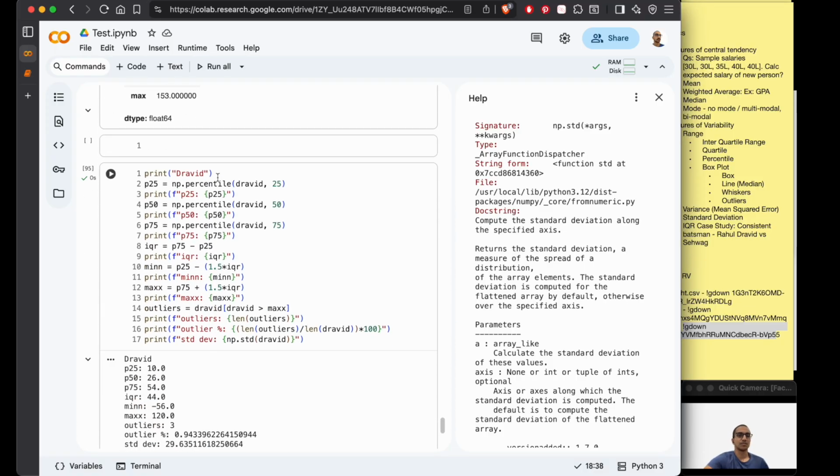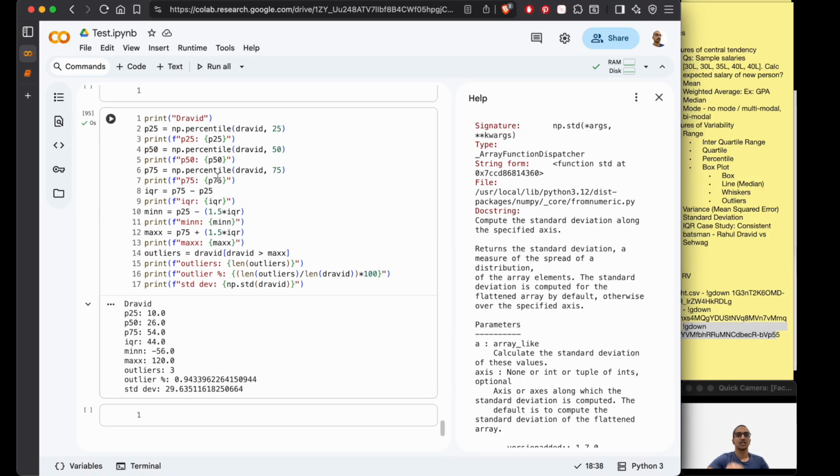So from the outliers itself, we can tell that again the definition is the spread of the data set, right? The lesser the spread, the greater the accuracy. So in this case, we can conclude that as per this data set, Dravid is the more consistent player compared to Sehwag.